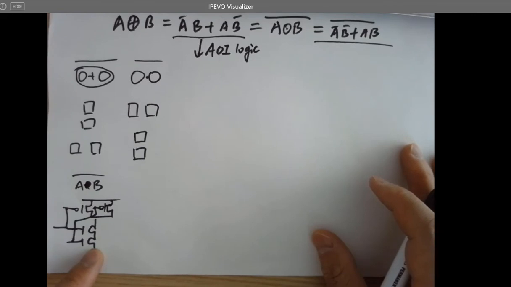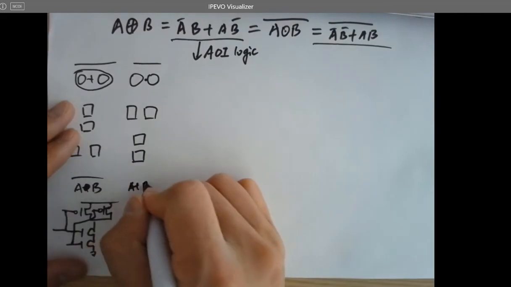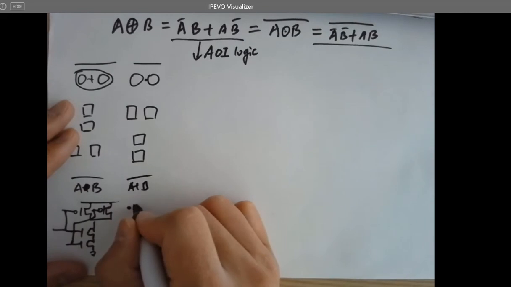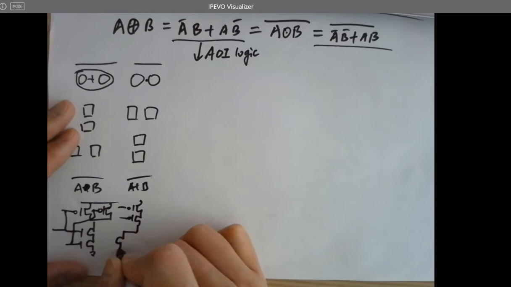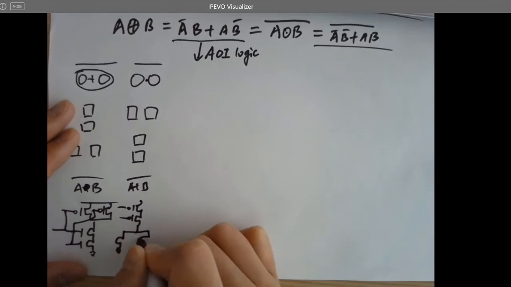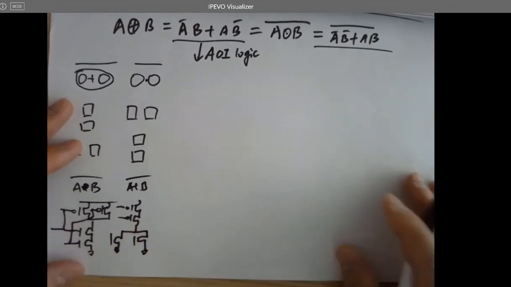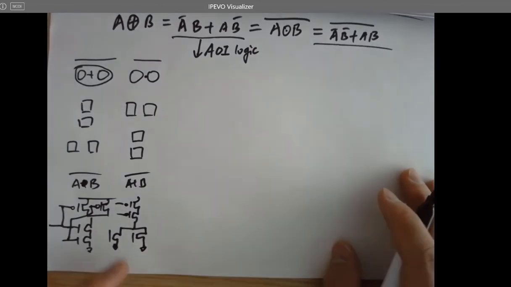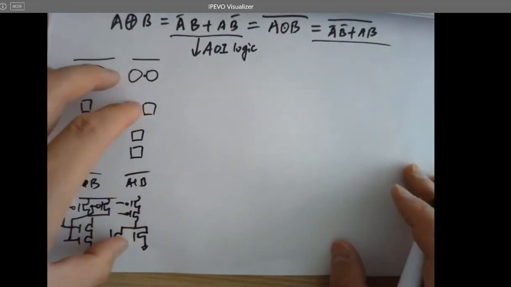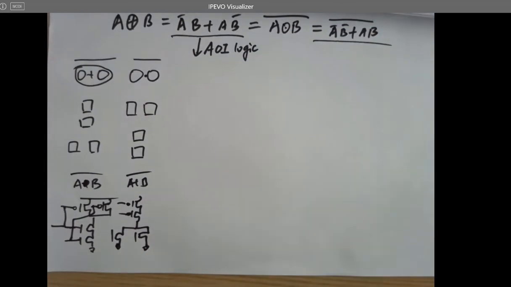Right, remember that. If it's a NOR logic, then you have PMOSes on the top in series and NMOSes at the bottom in parallel. All right, memorize this for now, just so you can understand the rest of the class.